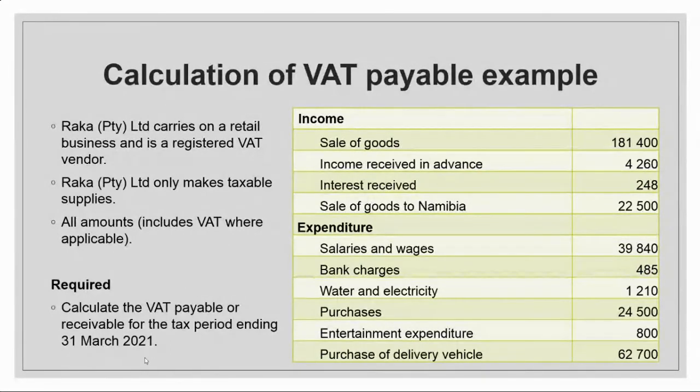So if you were busy in a test and you're doing this question, what steps would you do to be able to give me an answer, to tell me what is the VAT payable receivable? So what would you need to calculate to give me an answer?